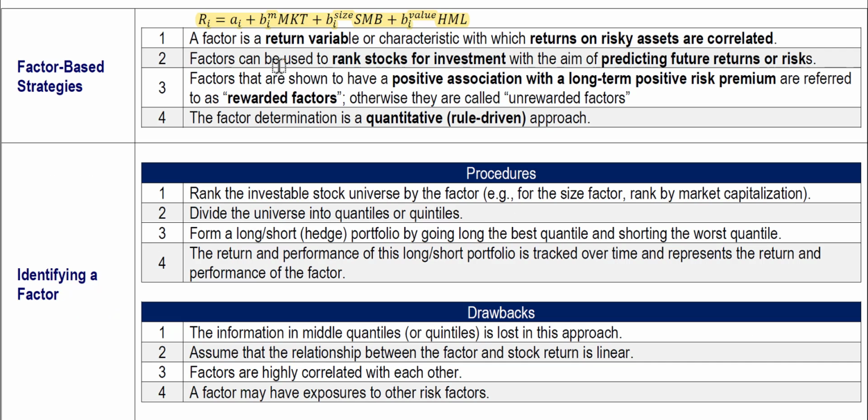The factor model has this structure: suppose you have individual stock returns, the return must be sensitive to some kind of common factor. The first and most important common factor is the market risk premium.